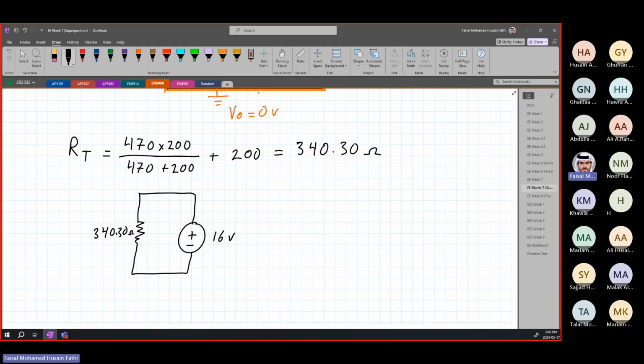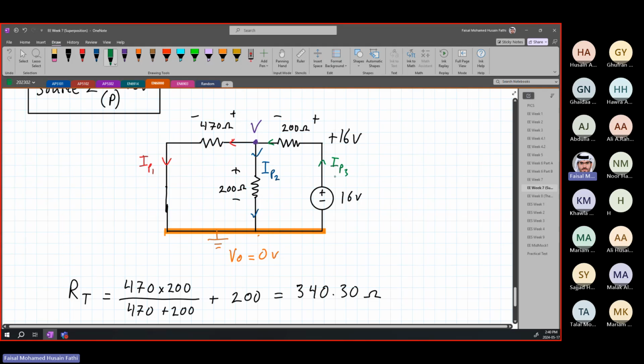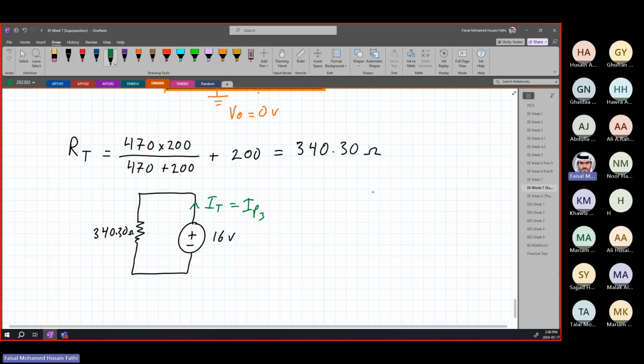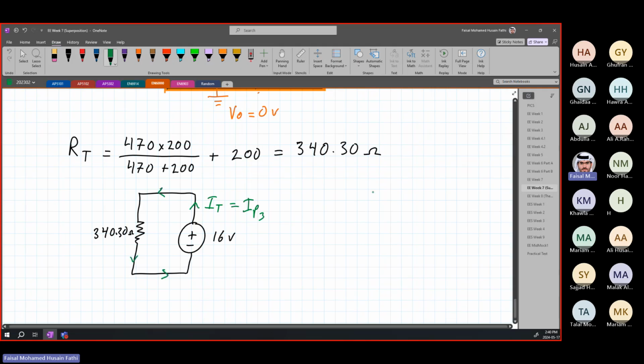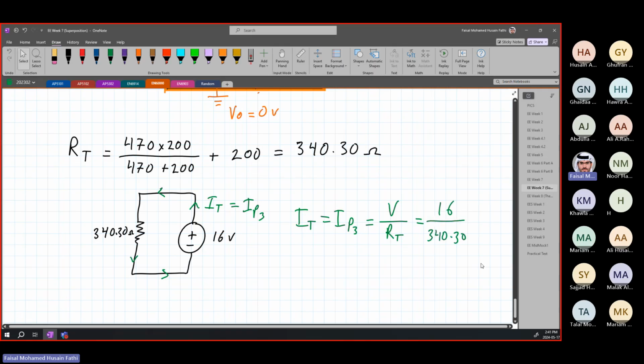This is our 16 volt source. Now, if you notice, the current coming out of it is IP3. So I total is equal to IP3, which is equal to V over R total, which is 16 volts over 340.30 ohms.